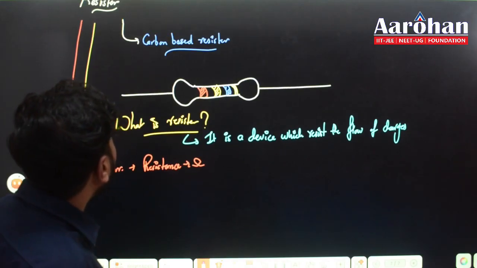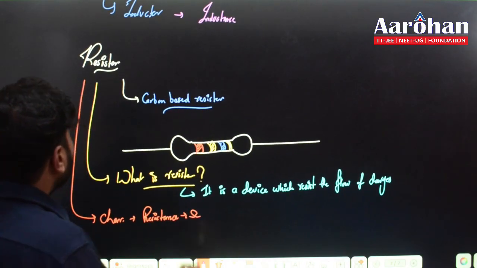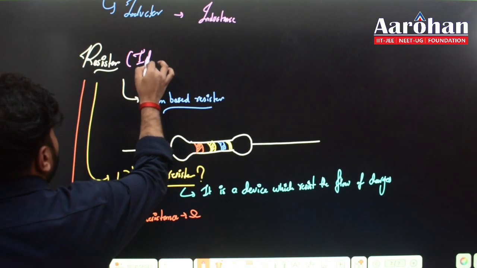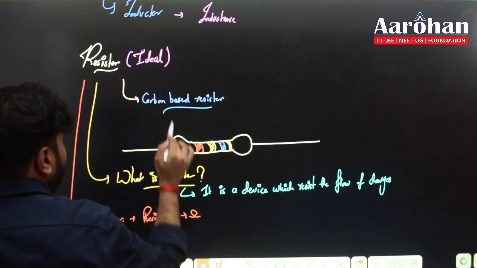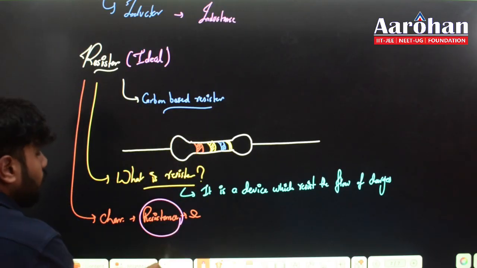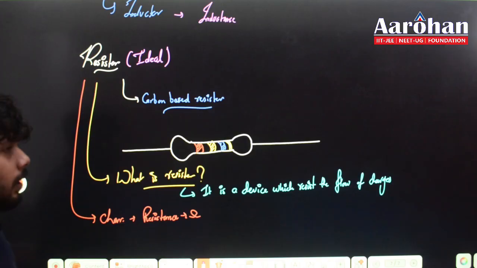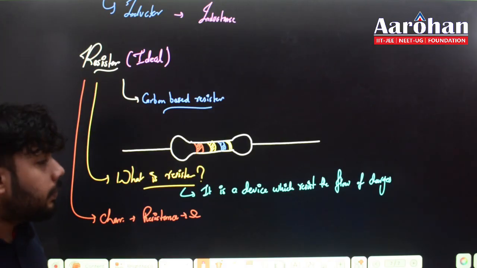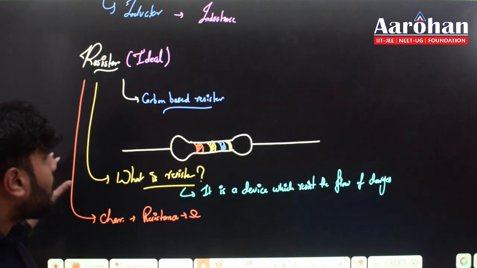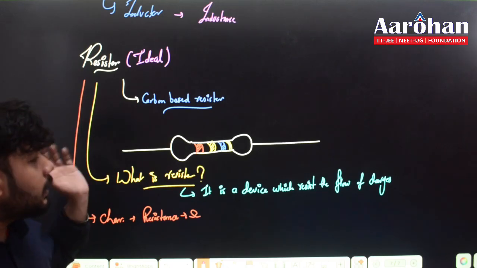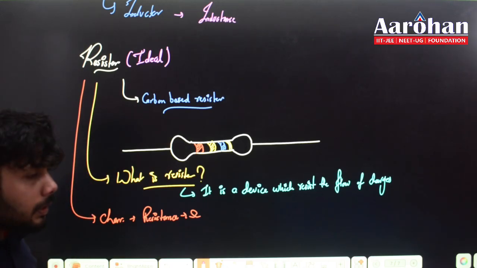Just like I told you, this is an ideal resistor. An ideal resistor will have 100% resistance, no character of inductance, no character of capacitance. In simpler terms, it is a device which resists the flow of charges. And the type of resistor we have discussed is this one. Okay, there is another type of resistor also.